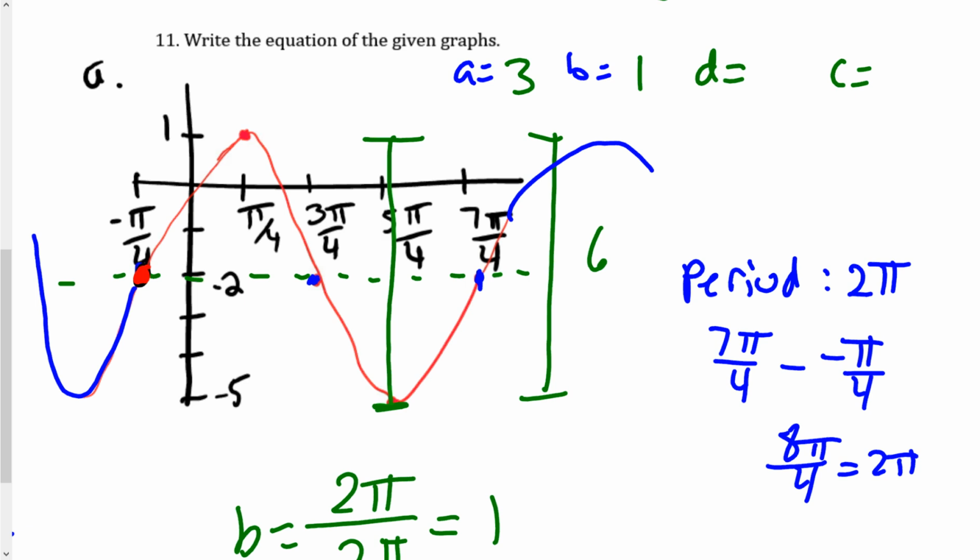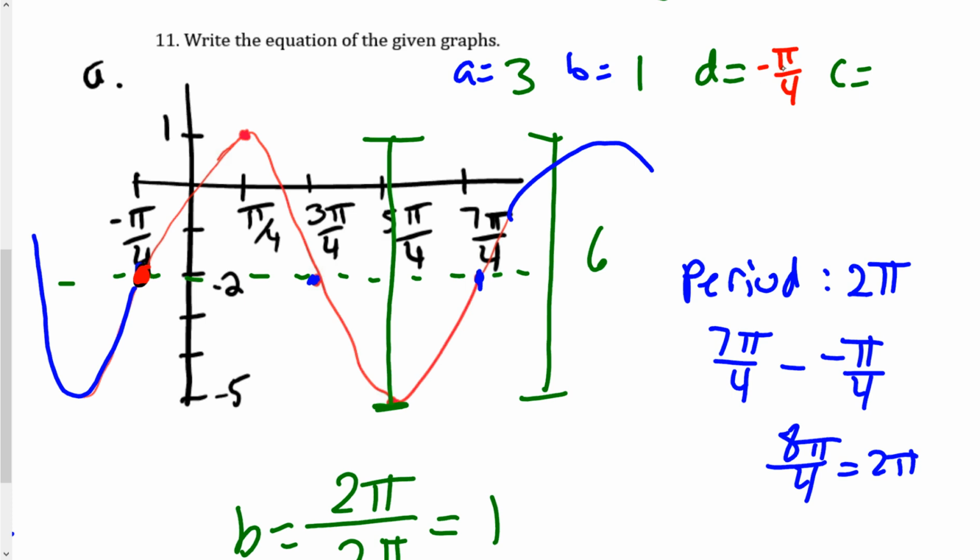So my d is actually going to be, and this is where it gets confusing, negative pi/4. Because what's going to go in the equation is pi/4.